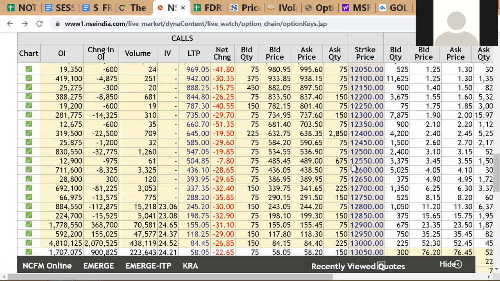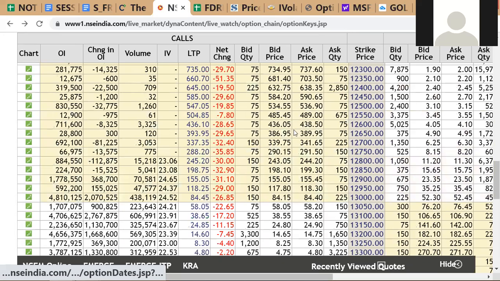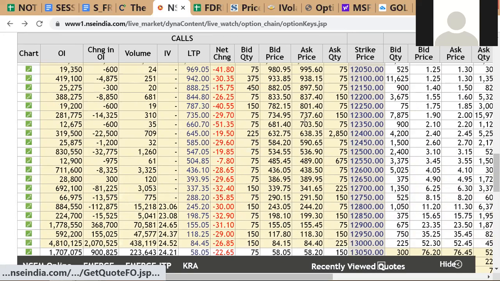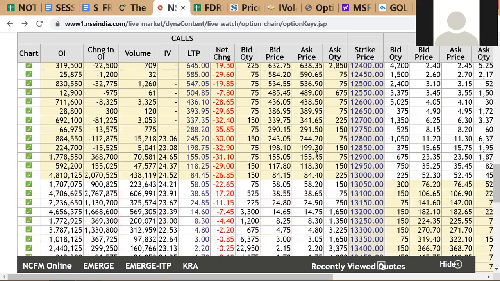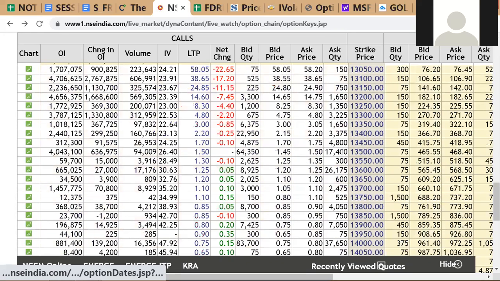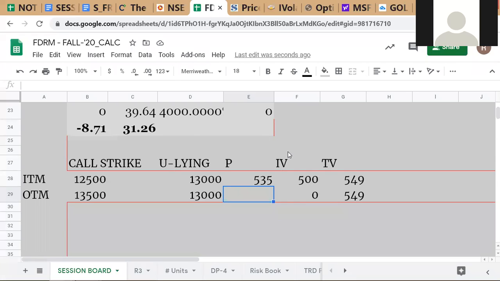Anyway, we'll take the mid of the bid and ask. The last traded price is outside the current bid and ask. For 13,500, the price is 147, 148. So the prices are 535 and 148.